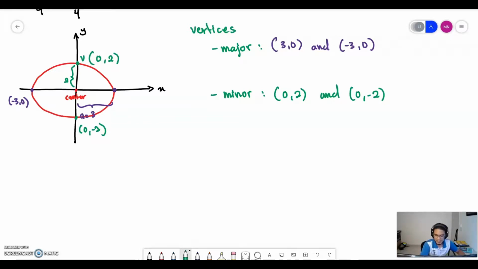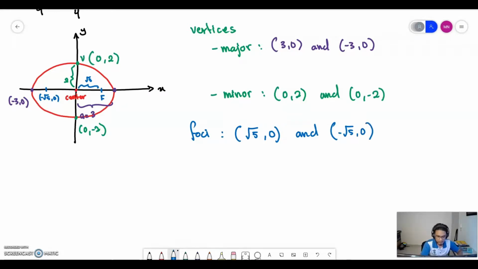So the next thing is to find the position of foci. We have the length of c as square root of 5. That means from the center to the position of a focus is the length of square root of 5. So we will have foci at coordinates square root of 5, 0, and on the left, at negative square root of 5, 0.